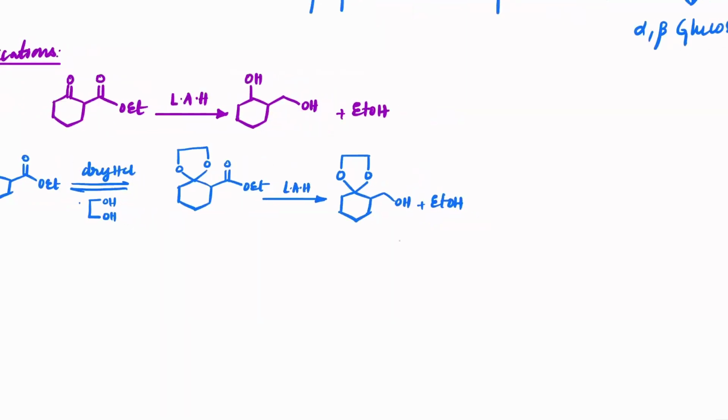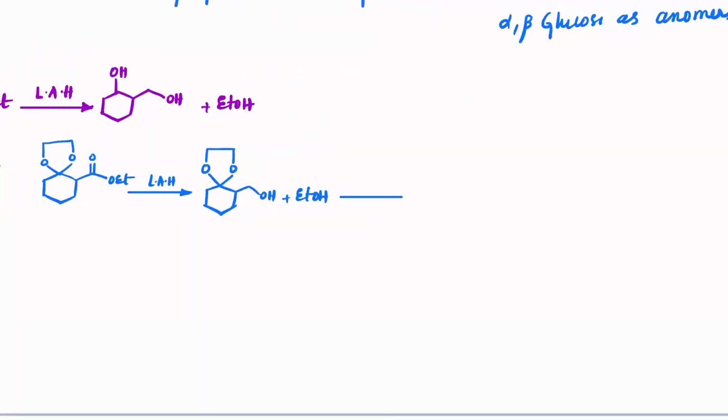Correct. Furthermore, if you react this with H3O plus, now you know that acetals are unstable in acidic medium. They would get back to the formation of the ketone, and again glycol will come out here. And here this OH will be present the way it is. So we will have this as OH.